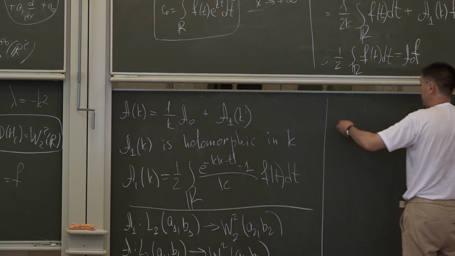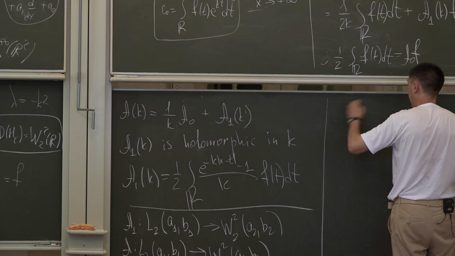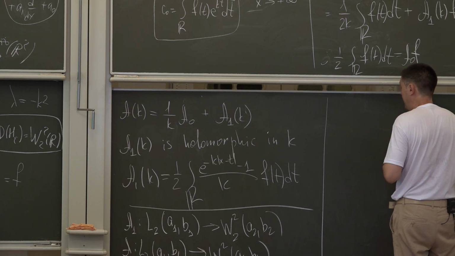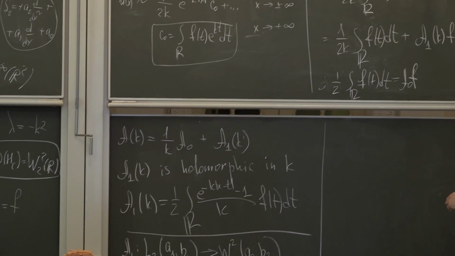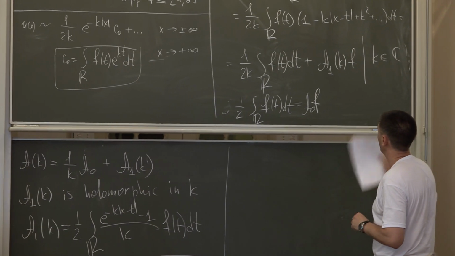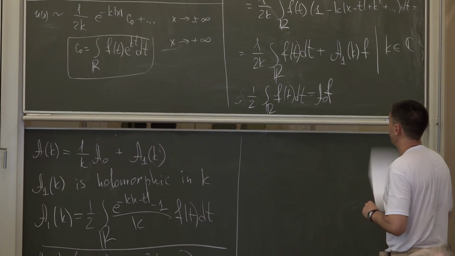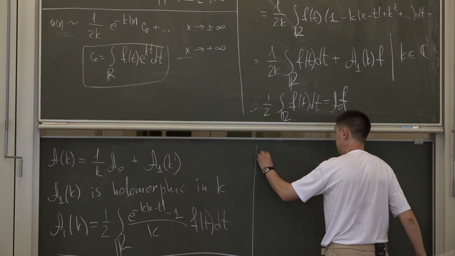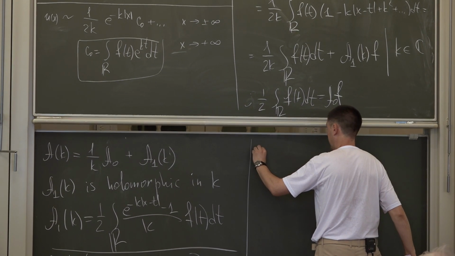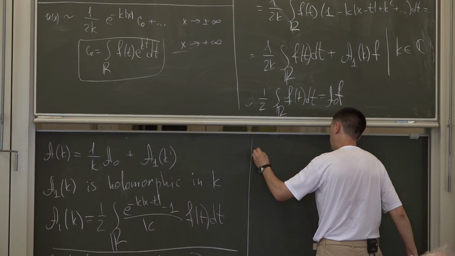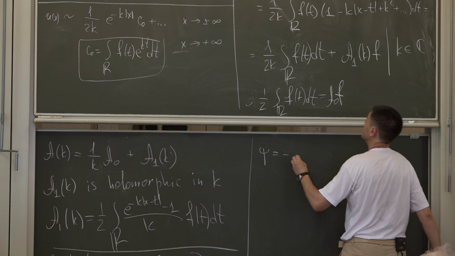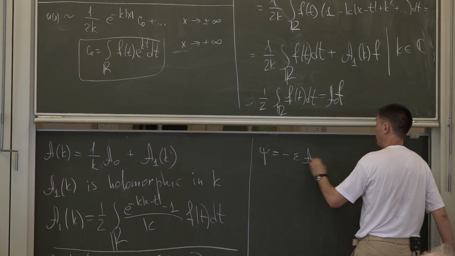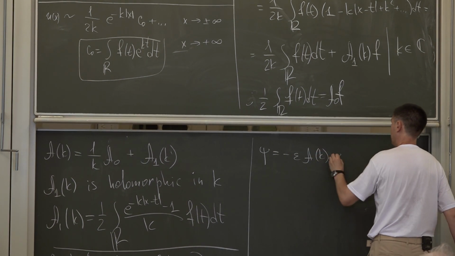What do we get? Actually, there are two ways to work with these equations. Okay, let's do it like this. Actually, no. So we write it once again like that.